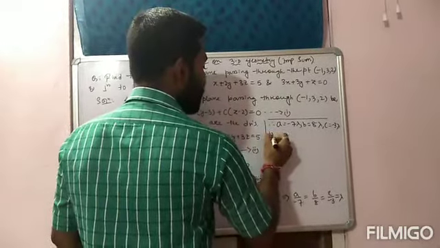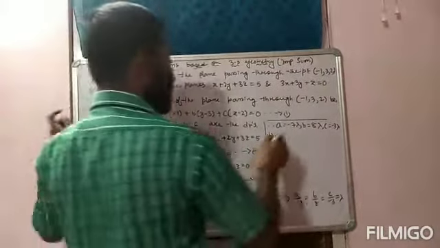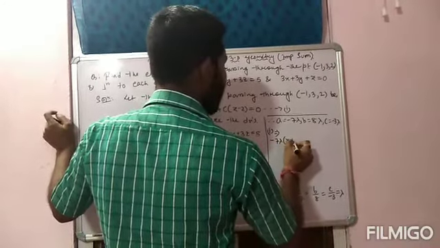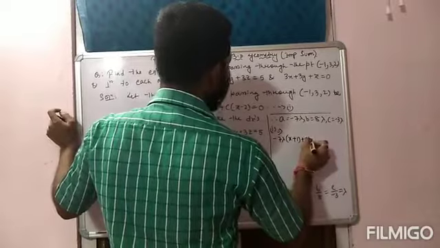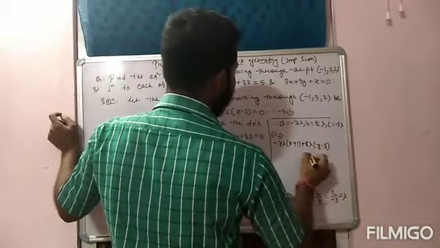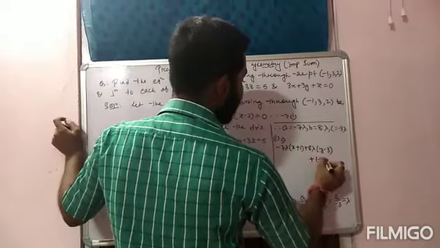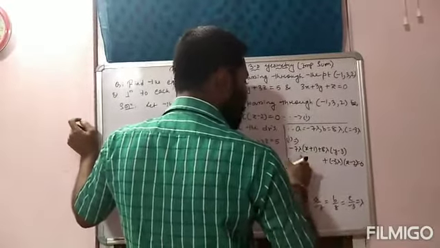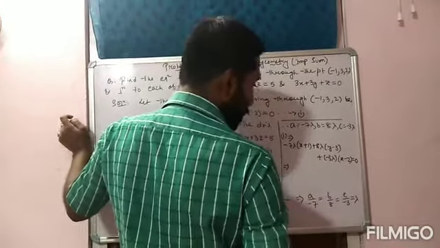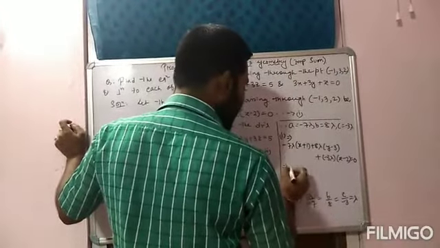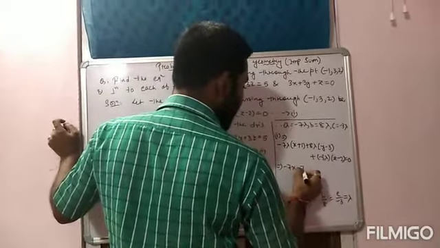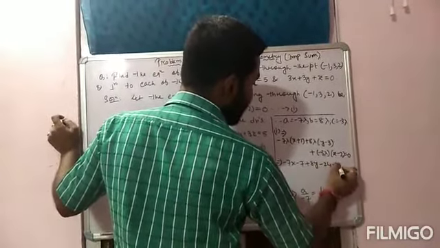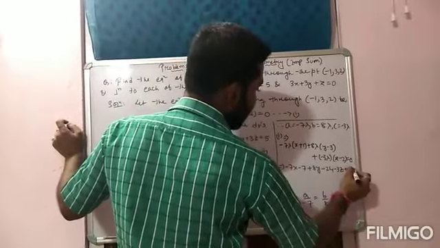So equation 1 implies minus 7 lambda into x plus 1 plus 8 lambda into y minus 3 plus minus 3 lambda into z minus 2 is equal to 0. Now take lambda common from this equation. Then the equation will be expanded: minus 7x minus 7 plus 8y minus 24 minus 3z plus 6 is equal to 0.